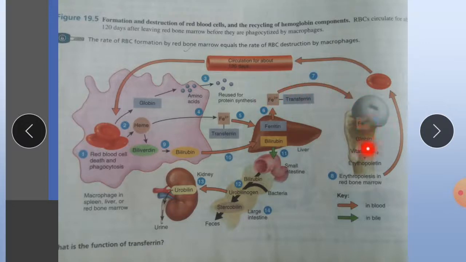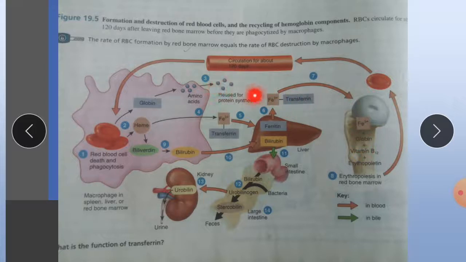In the long bones, especially the femur, humerus, or radius and ulna, the iron will be transported from the liver toward the red bone marrow of our long bones. Here that Fe3+ is again utilized for the formation of red blood cells with the help of vitamin B12, erythropoietin, and globin.